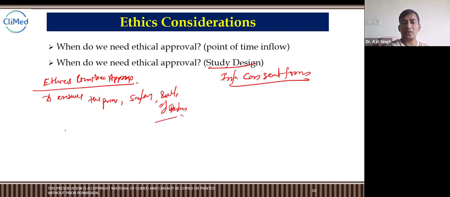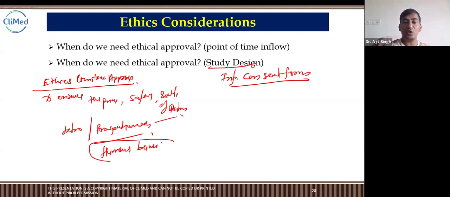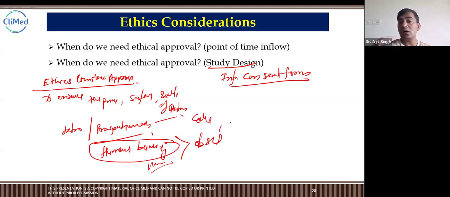So that goes with even retro or prospective, both. You need ethics committee approval whenever you are involving any kind of human being in the clinical trials or in the studies, whether those are observational, cohort, case control, or clinical trials, interventional clinical trial, randomized clinical trial, non-randomized clinical trial, whatever, you need ethics committee approval.